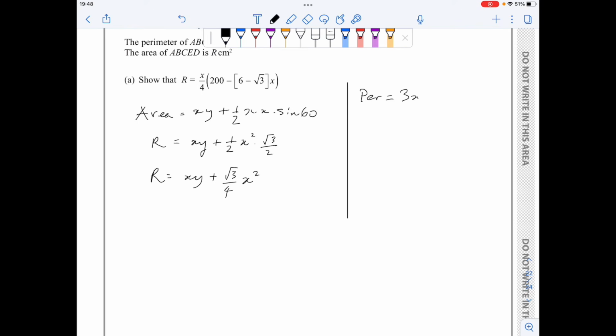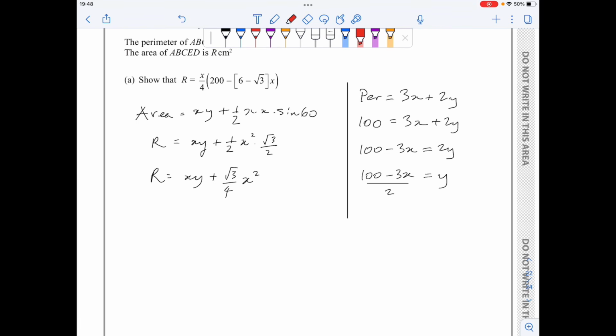So that's 3x plus 2y. Now I'm given that the perimeter is 100, so 100 is equal to 3x plus 2y, and if I rearrange, 100 minus 3x equals 2y, so y is equal to 100 minus 3x over 2.